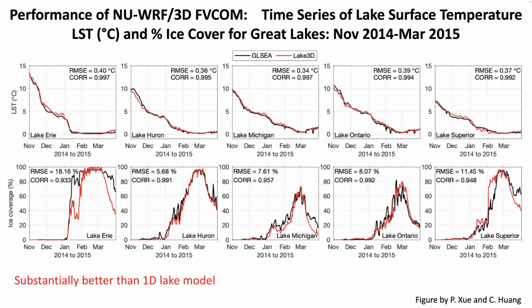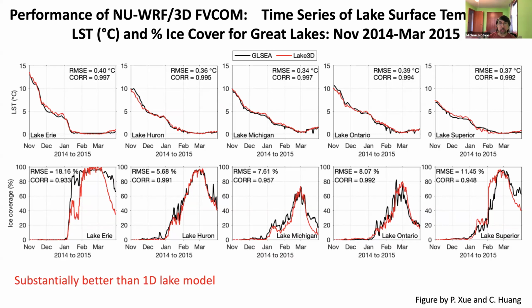Okay. There we go. So, for example, if you were to look at one of our simulations we did, forced by observations reanalysis during November 2014 to March 2015, we could see the seasonal evolution of lake temperature on each of the Great Lakes and also ice cover. And the main story is with FVCOM coupled to the new WRF simulations, they really nailed the seasonal evolution of cold season lake temperatures and ice cover evolution of the Great Lakes.